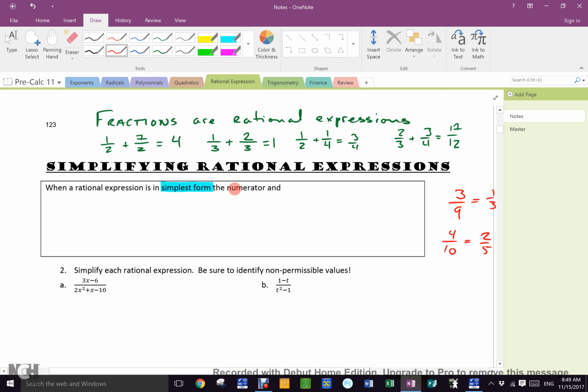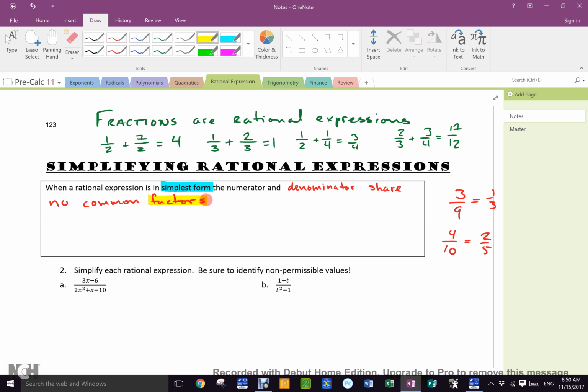So, when a rational expression is in simplest form, the numerator and denominator share no common factors. Now, please, please, please highlight the word factors.